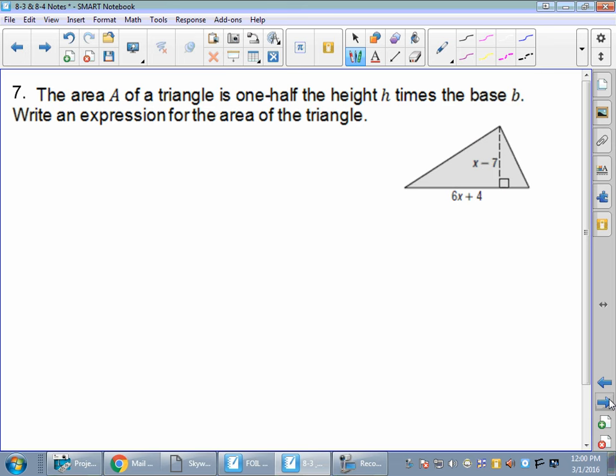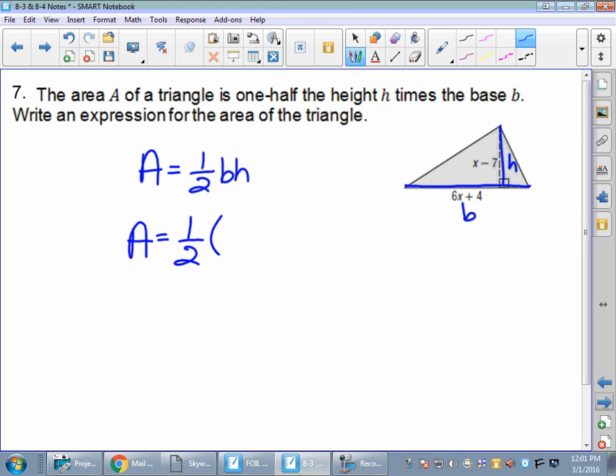The area of a triangle is 1/2 the height h times the base b. Write an expression for the area of the triangle. All right, so they're asking us area of a triangle is 1/2 the base times the height. I'm assuming that this is the base here, and the height is always perpendicular to the base. And so we've got area is equal to 1/2 the quantity base 6x plus 4 times the height x minus 7.